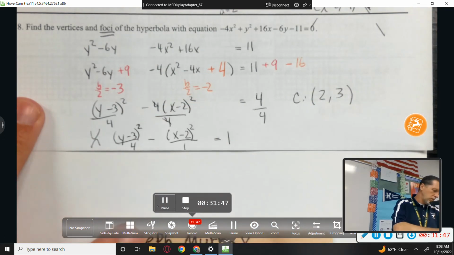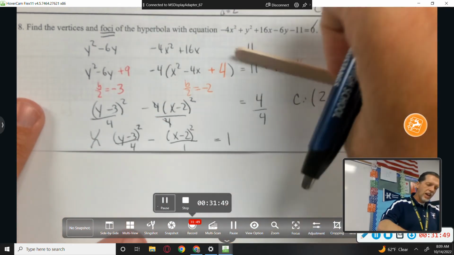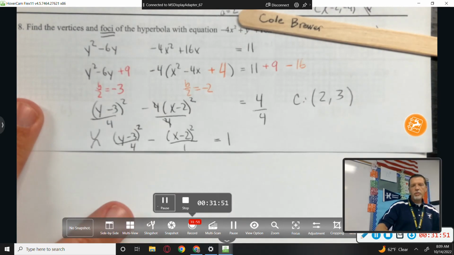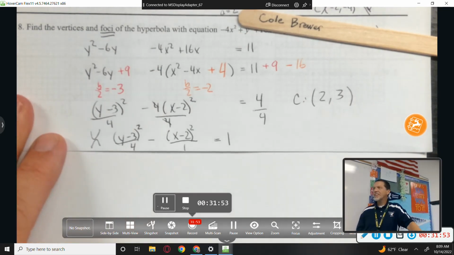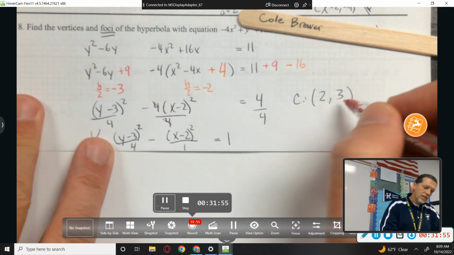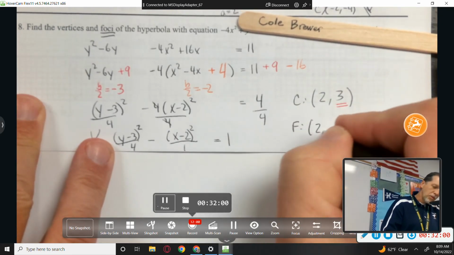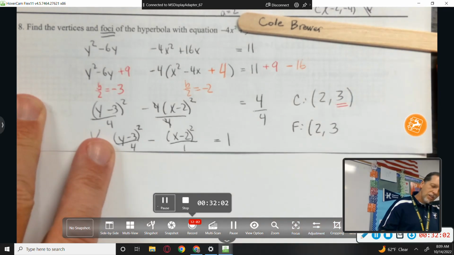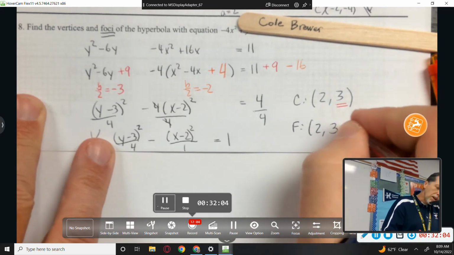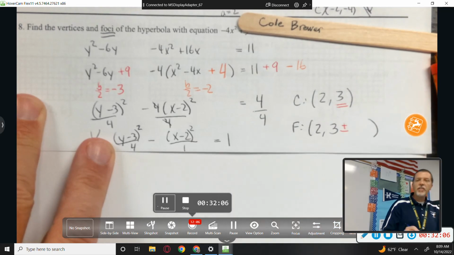So, Cole, if I want to find the foci, which coordinate is going to get adjusted? The y coordinate. In fact, if we want to take Ava's approach here, I know it's going to be 2, 3 plus or minus something. Then I just got to figure out what the something is.